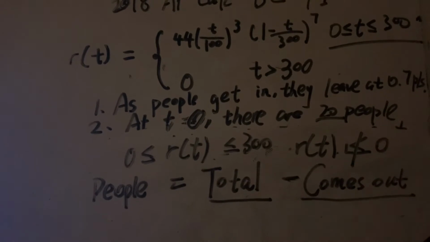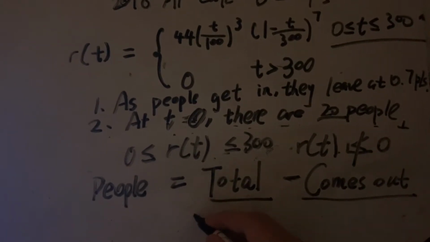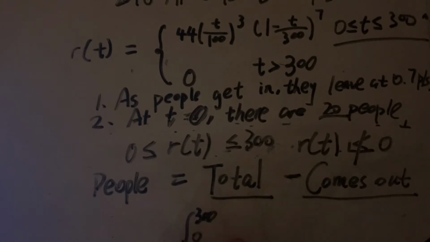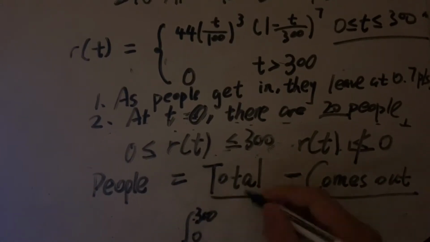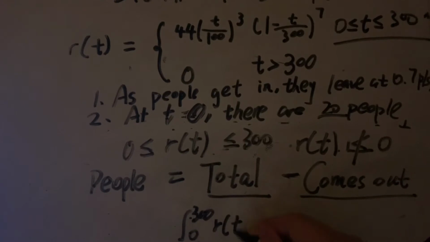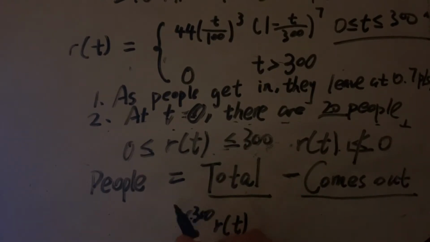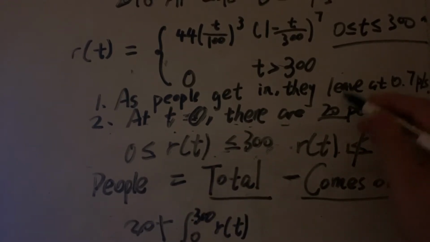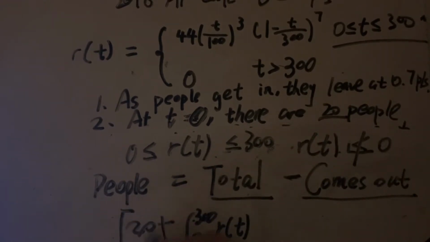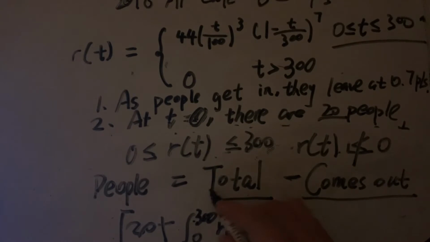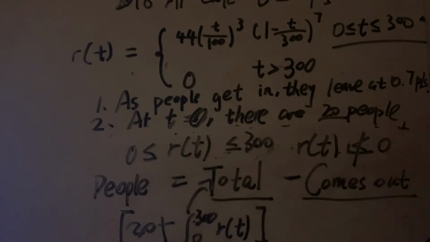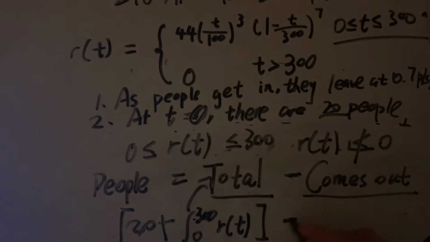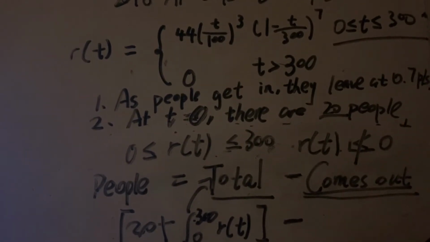So let's first work on the total. As I said in the previous problem, this is the total number of people getting in, but you need to plus 20 since there are 20 people initially. So this is the total number of people that goes inside the escalator. Then it is the people that comes out.